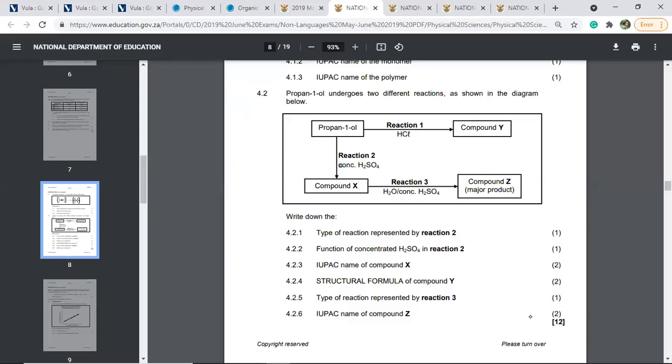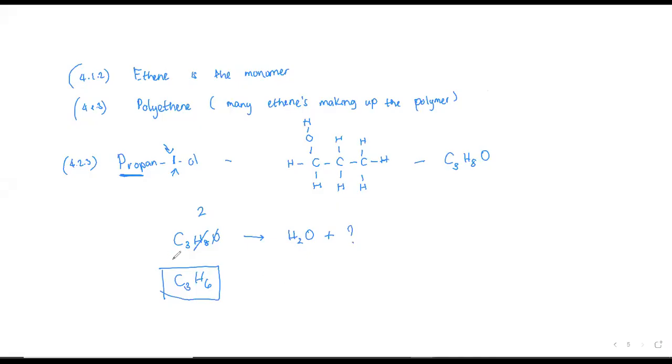So what is the IUPAC name of this compound X? We have its molecular formula here. We have these 3 carbon atoms, 1, 2, 3, but we have 6 hydrogen atoms.